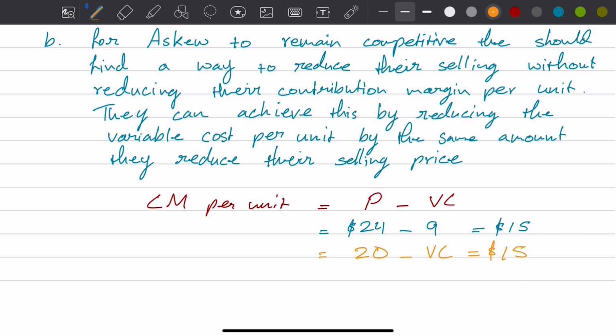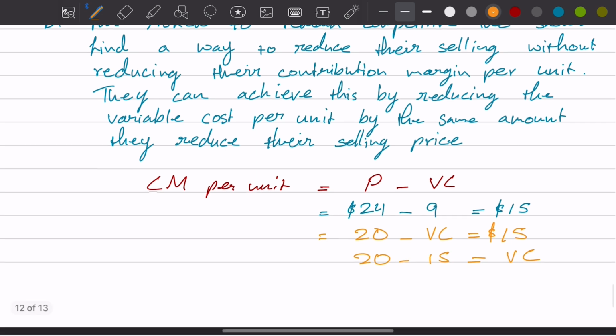Okay, and if we solve this for the variable cost per unit, that's going to be 20 minus 15 equals the variable cost. Okay, thus the variable cost should become $5 per unit. Okay, that's what we're trying to say.